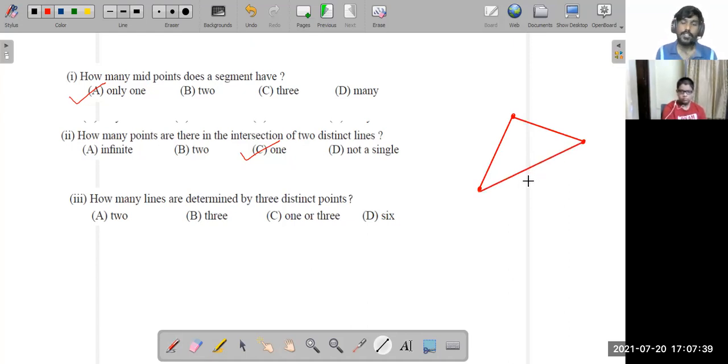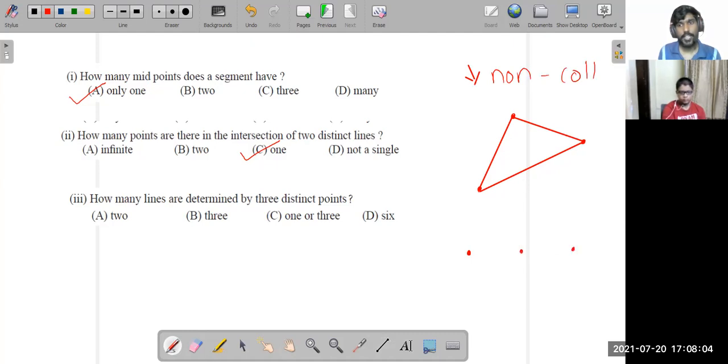Now in this also you have to keep one thing in mind. These 3 points, how are they located? Are they collinear or not collinear? In this case which we drew, the points were non-collinear. But what if they are collinear? So I'll draw them in a single line.